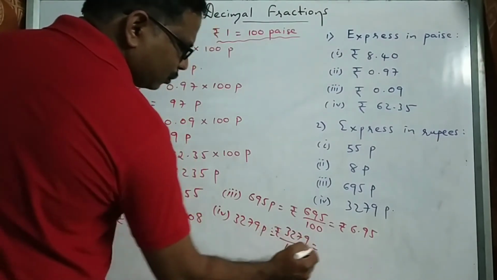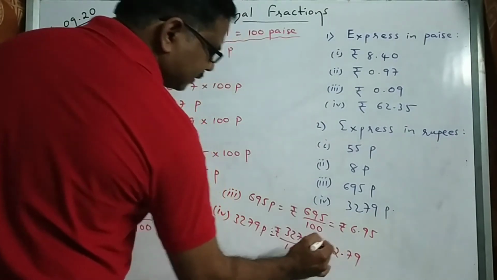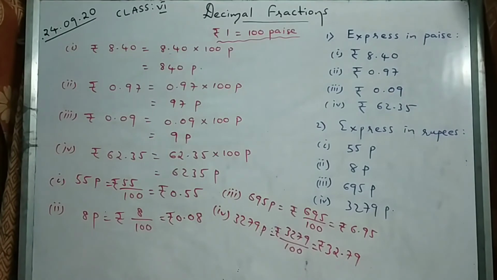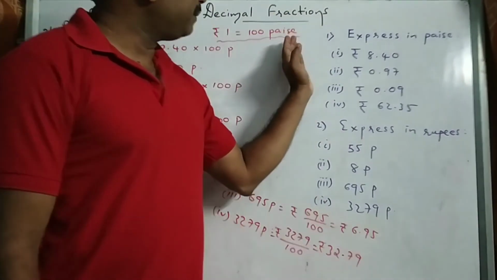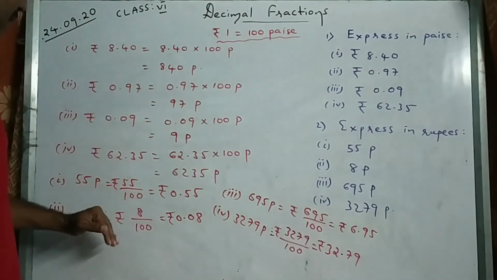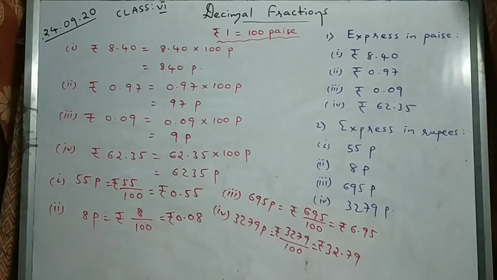After 2 digits, so 32.79 rupees. Did you understand now? The concept is rupees to pies means multiply. Pies to rupees means we have to divide. Rupees to pies multiply, pies to rupees divide.